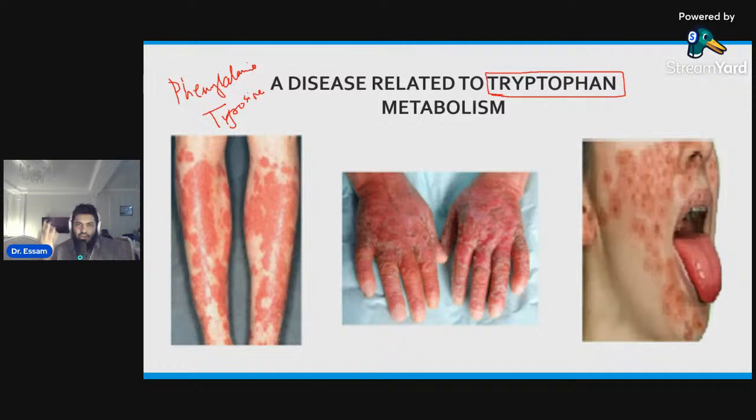So these were your three aromatic amino acids. Phenylalanine is done, tyrosine is also done. Last is tryptophan. The images which you see on the screen are related to a disease which is caused because of some problem with tryptophan metabolism. So let's see what is that problem.